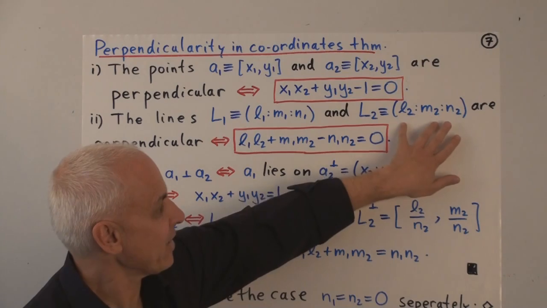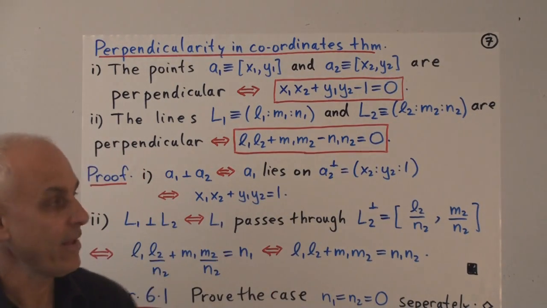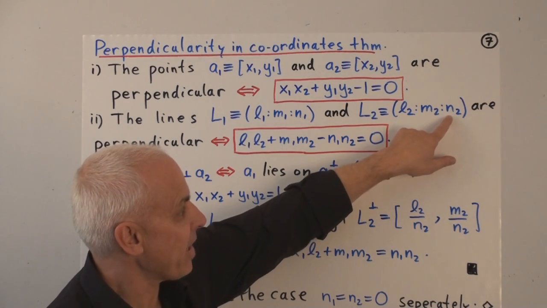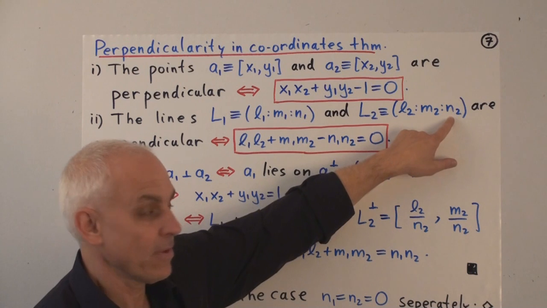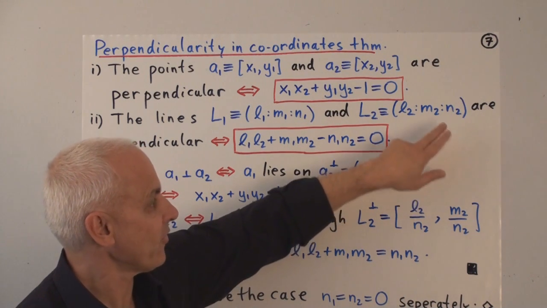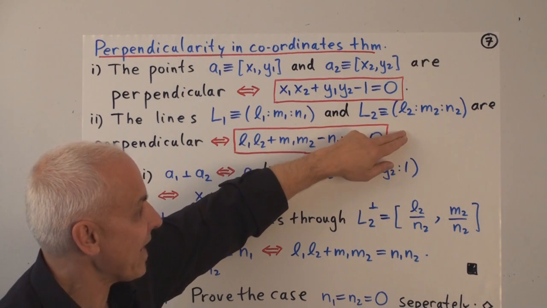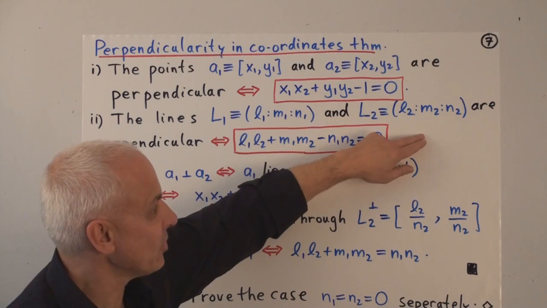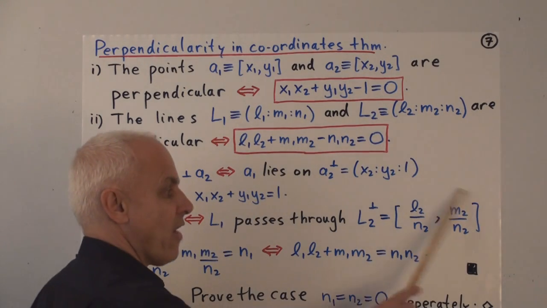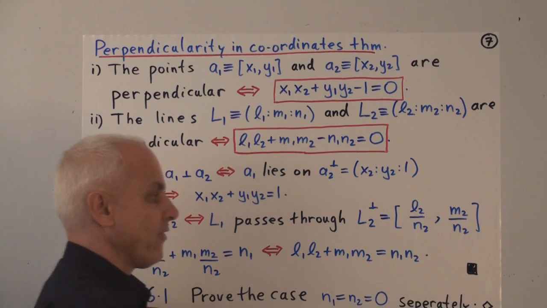If we have a line like this, we'd rather express it with a 1 in this third position. And we can do that by dividing by this third component, n2, provided that third component is non-zero. Let's suppose that it is. So we divide by n2 and rewrite this as l2 over n2, m2 over n2, 1. In that case, we can immediately read off what its dual is. It's going to be l2 over n2, m2 over n2.